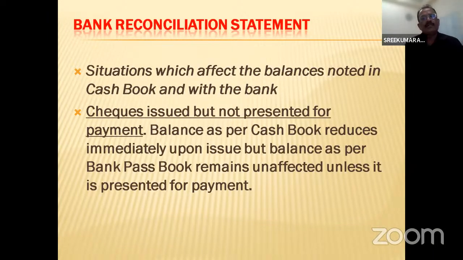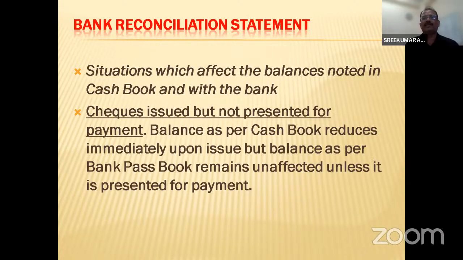The balances in the cash book and the bank in an ideal situation have to be the same. When we deposit 1,000 rupees, we note it in the cash book. Naturally, we are having a balance of 1,000 rupees, and the bank will also show 1,000 rupees. In your cash book, 1,000 rupees; in the bank also, 1,000 rupees.